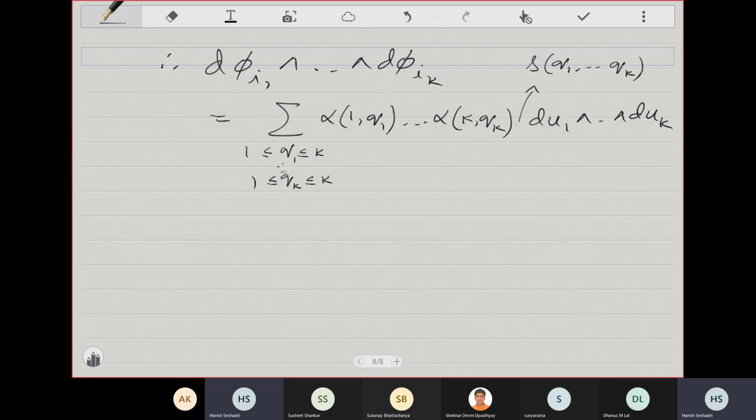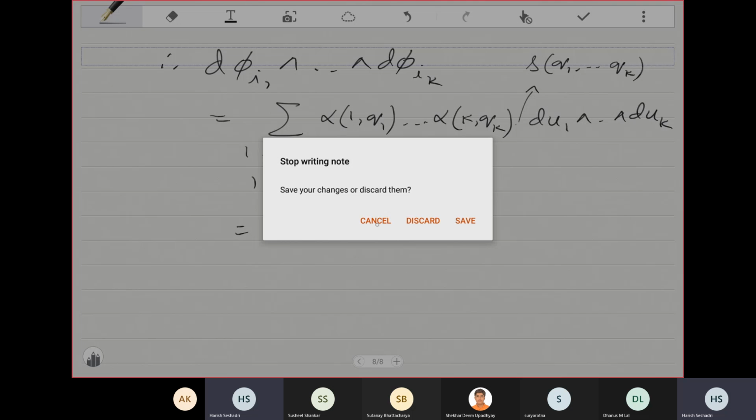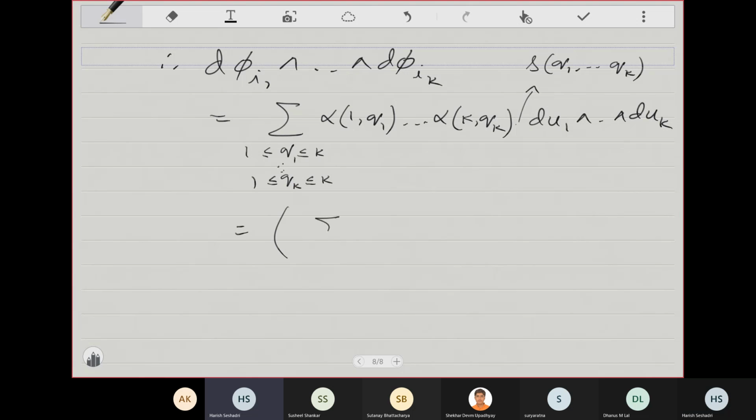So I get this. And this d u1, etc. is a common factor for all the terms in the sum. So I can take it out and just get sum over alpha 1 q1 through alpha k qk, S q1 through qk, and then the whole thing times d u1 through d uk.